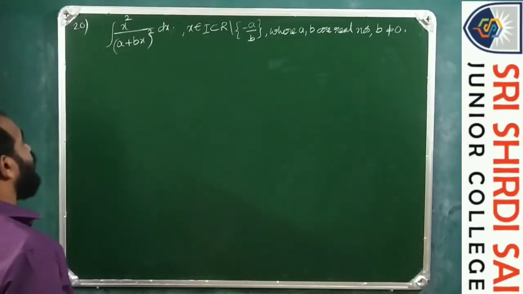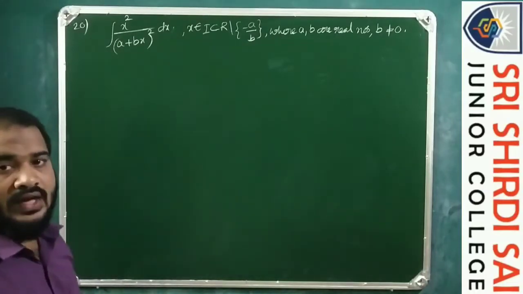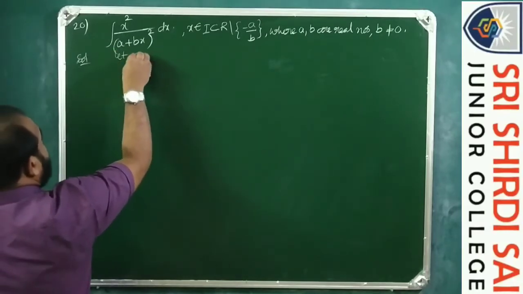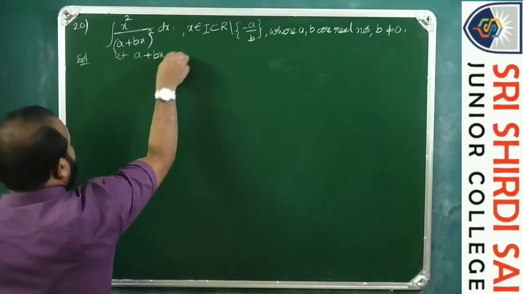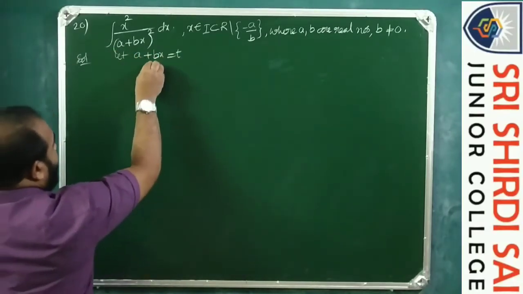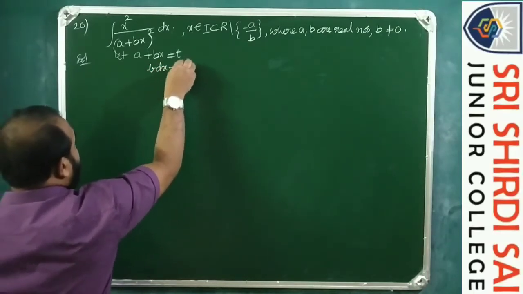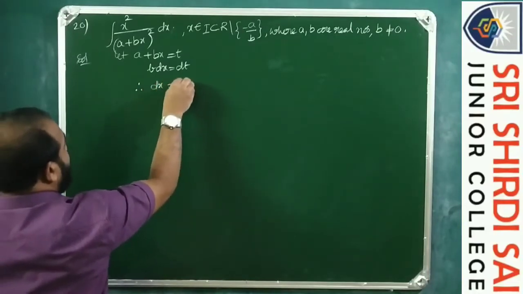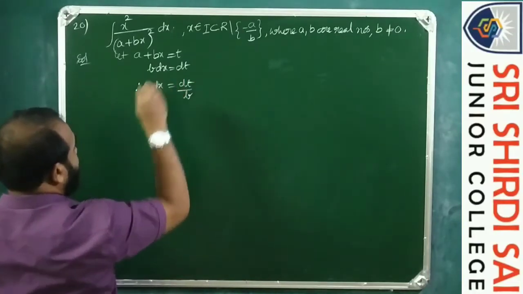Integral of x square by a plus bx whole square dx. Let us suppose a plus bx to be t, then b dx is equals to dt. Therefore dx is equals to dt by b.